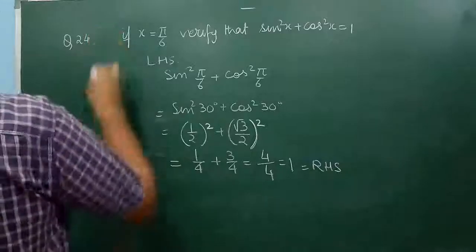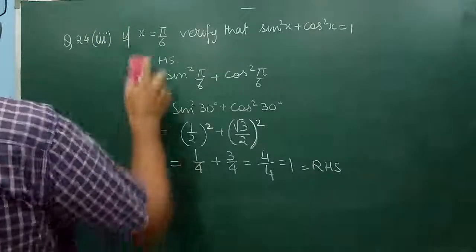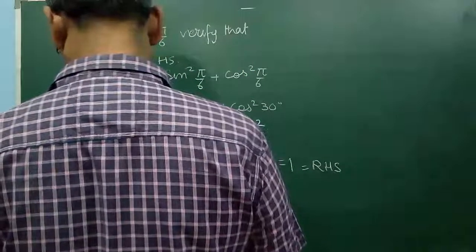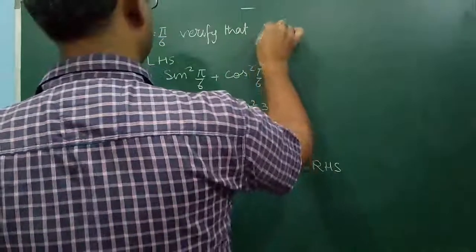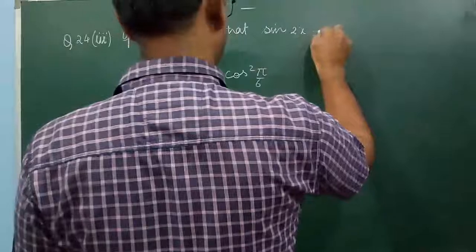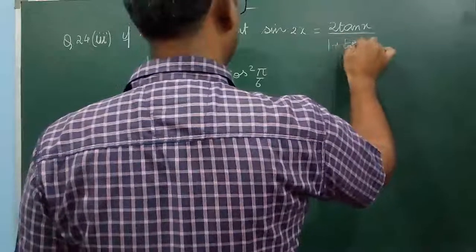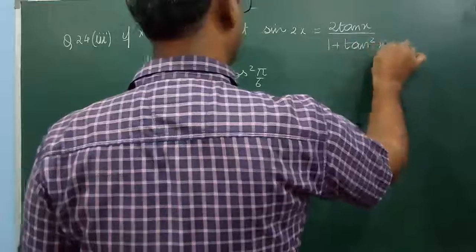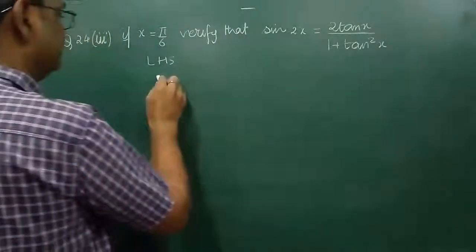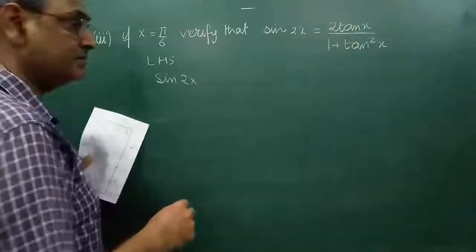Now 24th question, third part. Sin 2x, sin 2 into x, where x is pi by 6, pi by 6 means 30 degree.